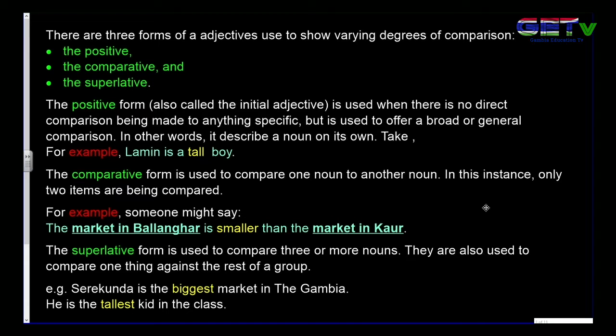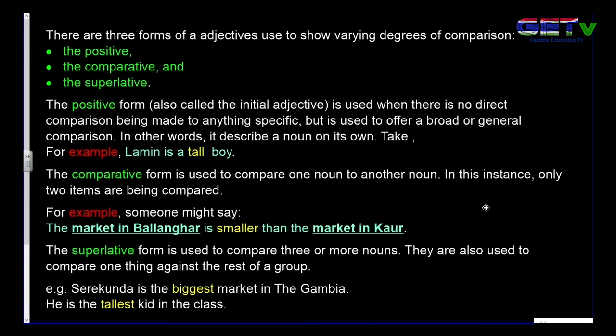The positive form, which is also called the initial adjective, is used when there is no direct comparison being made to anything specific, but is used to offer a broad or general comparison. In other words, it describes a noun on its own. Take, for example, Lermin is a tall boy.